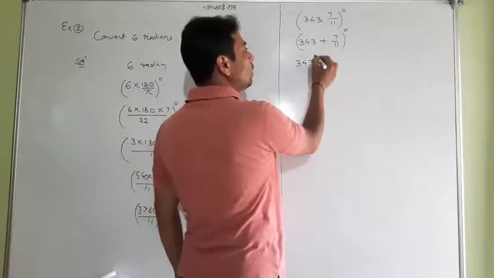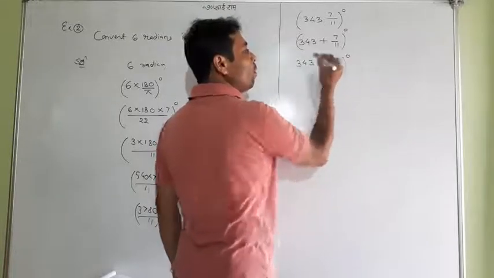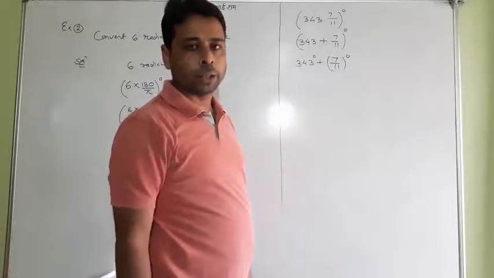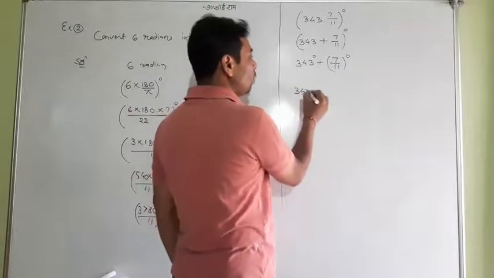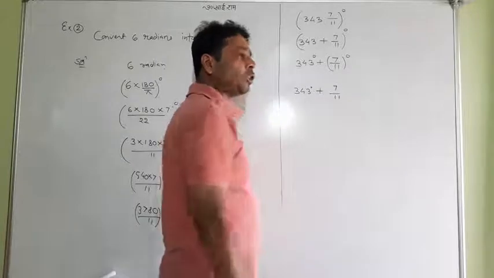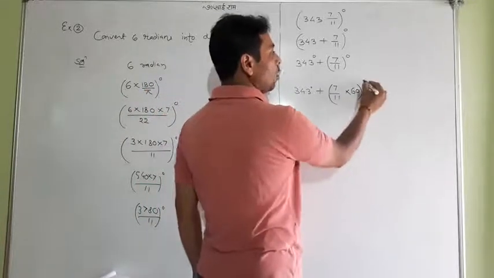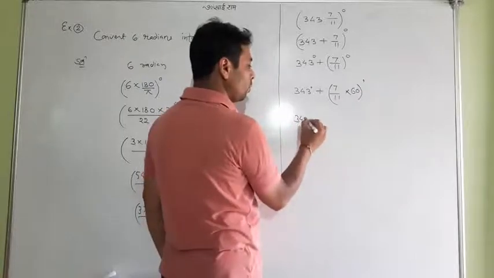Afterward, you know it is a complete degree, but it has a partial fractional part. So what to do next? You might remember that I change the fraction of a degree into minutes by multiplying by 60. This is now minutes.